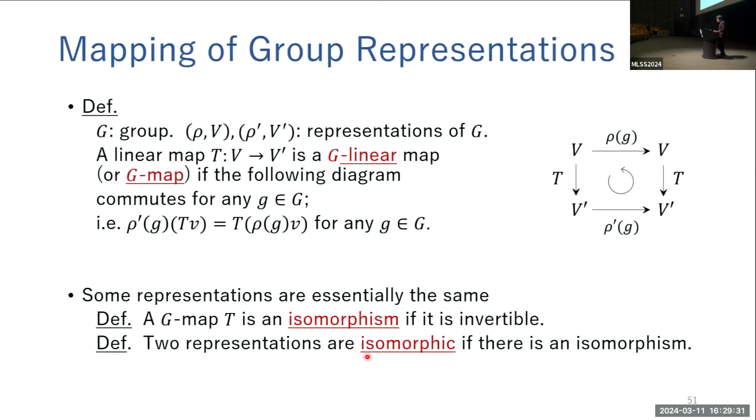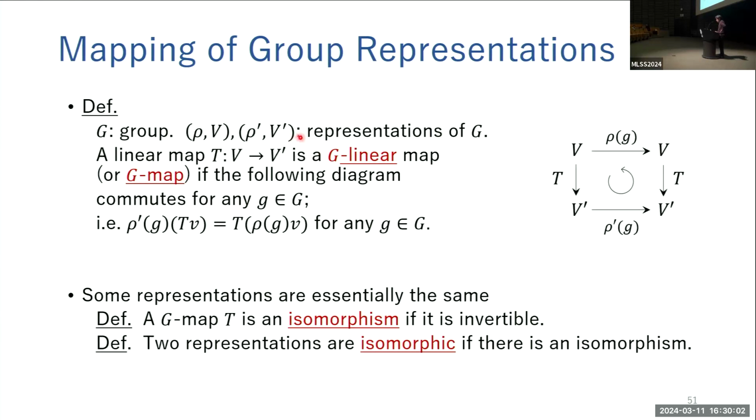Okay, I have already defined the group representation as a linear action on the vector space of the group, and we can consider isomorphic group representations. To define it, I first introduce a linear mapping between group representations. It is called a G linear map, or G map.